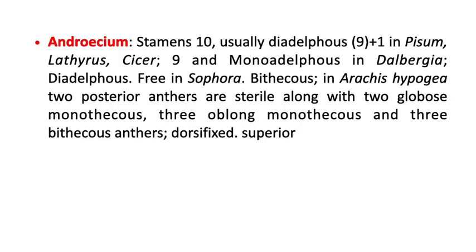Androecium consists of 10 stamens, usually diadelphous, as seen in Pisum with 9 plus 1 arrangement, also seen in Lathyrus, Cicer arietinum, and in Dalbergia it is 9 and monodelphous condition, diadelphous and free in Sophora.